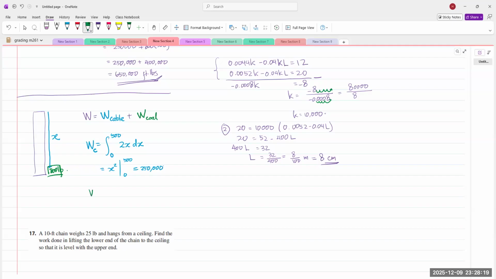While the work done by the coal is 800 pounds traveling 500 feet, constant weight, so that's how we get that 400,000 foot-pounds. So the total work done is 250,000 plus 400,000. That's how we get that 650,000 foot-pounds. Okay.